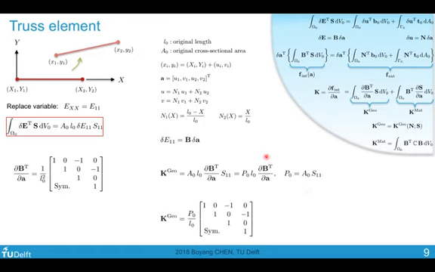Now, filling in this expression by the matrix expression, we can arrive at the final expression of the geometric stiffness matrix for the truss element. You can see that this term here is constant. L0 is a parameter of the geometry of the bar, and then it is a function of P0, which is the applied force.